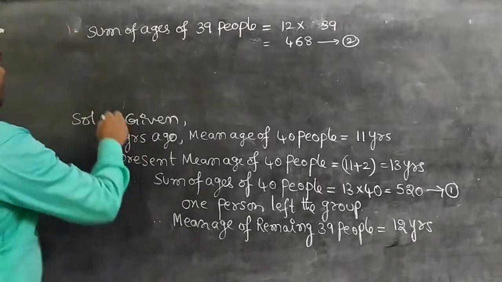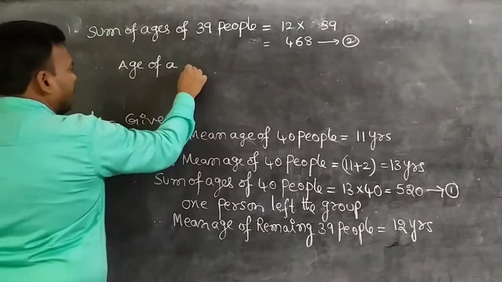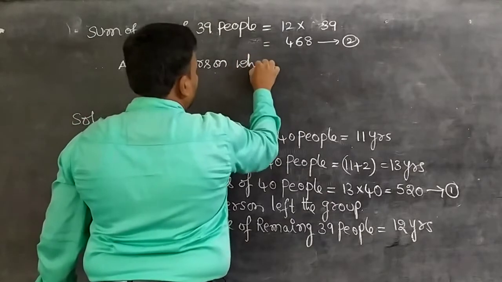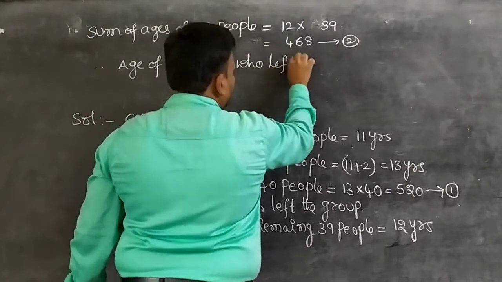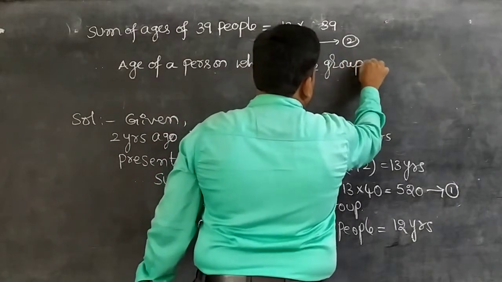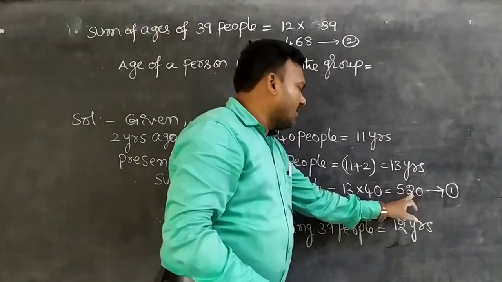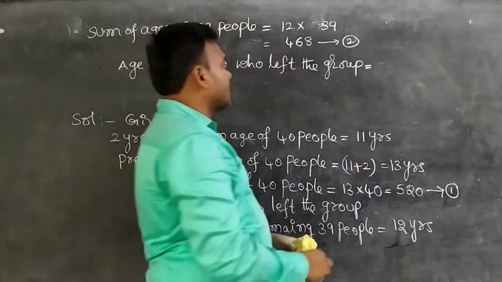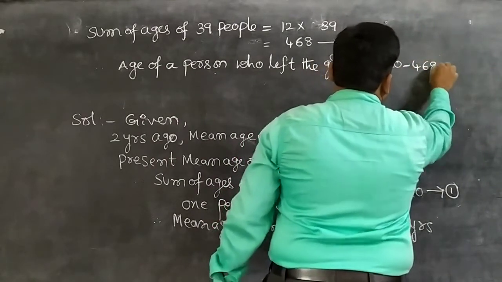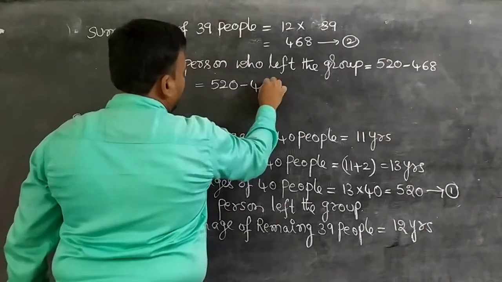Okay. Next we find the age of the person who left the group. So the age of the person who left the group equals the first equation 520 minus the second equation 468, students.